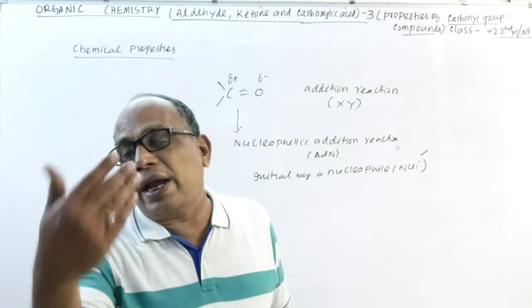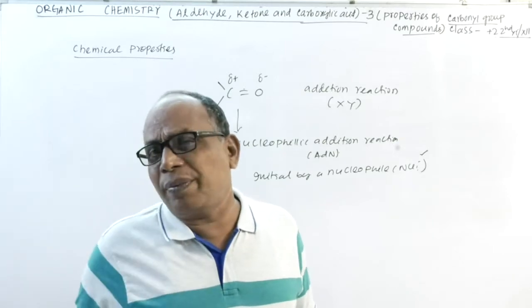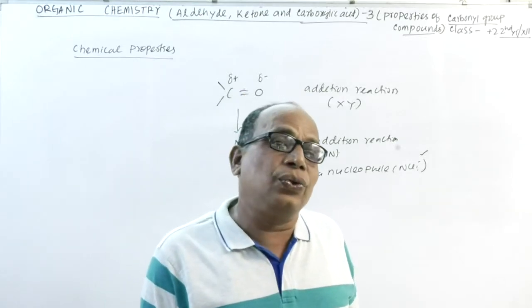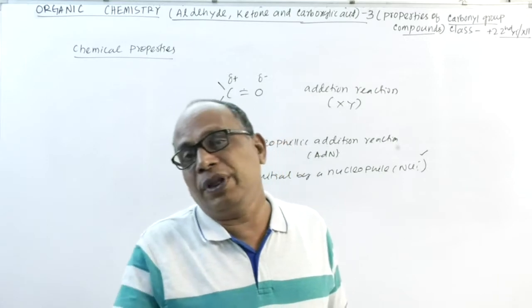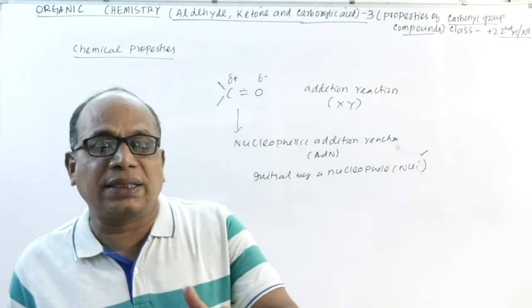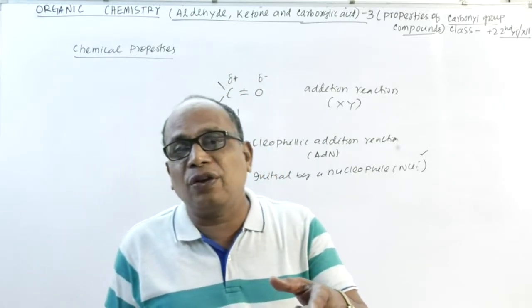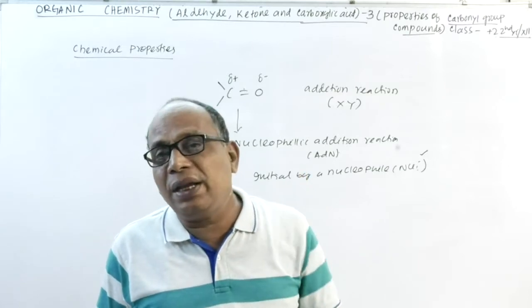After the formation of the intermediate, the electrophilic part of the addendum will add to the oxygen to form the addition product. That means the nucleophilic addition reaction is a two-step reaction. First step, attack of the nucleophile. Second step, attack of the electrophile.